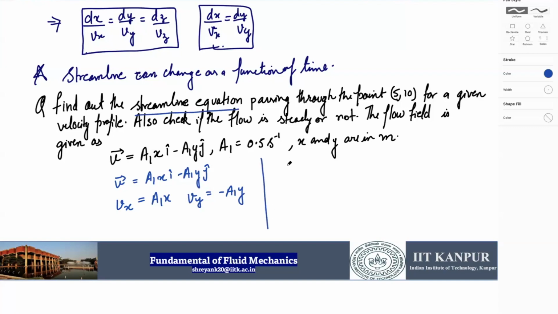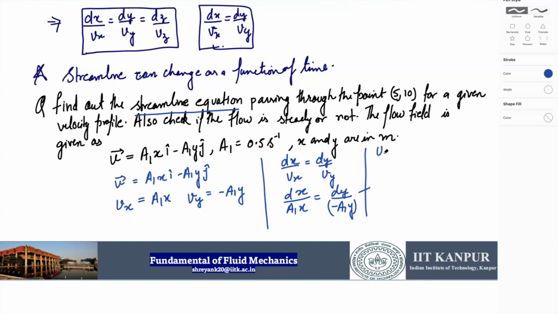For the case of 2D, this is dx by Vx is equal to dy by Vy. We substitute this into the equation. What we get is dx by A1x is equal to dy by minus A1y. Now we wanted the equation in terms of x and y, so we can directly integrate this equation.